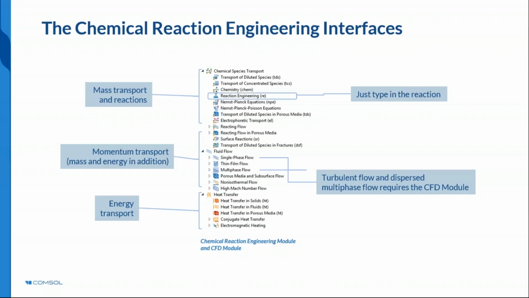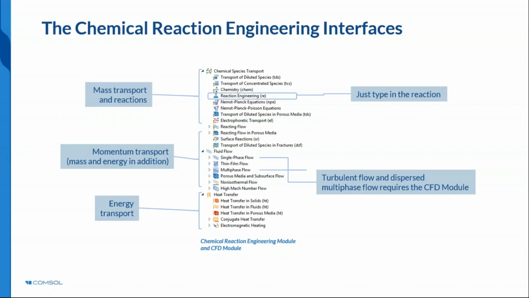The chemical reaction engineering module contains the physics interfaces necessary to describe convective and conductive heat transfer in both free and porous media. Finally, the reaction engineering interface provides a means to define reactions and compute the behavior for ideal reaction models, such as perfectly mixed batch reactors or plug flow reactors. This allows you to examine the kinetic behavior of your system under ideal conditions.